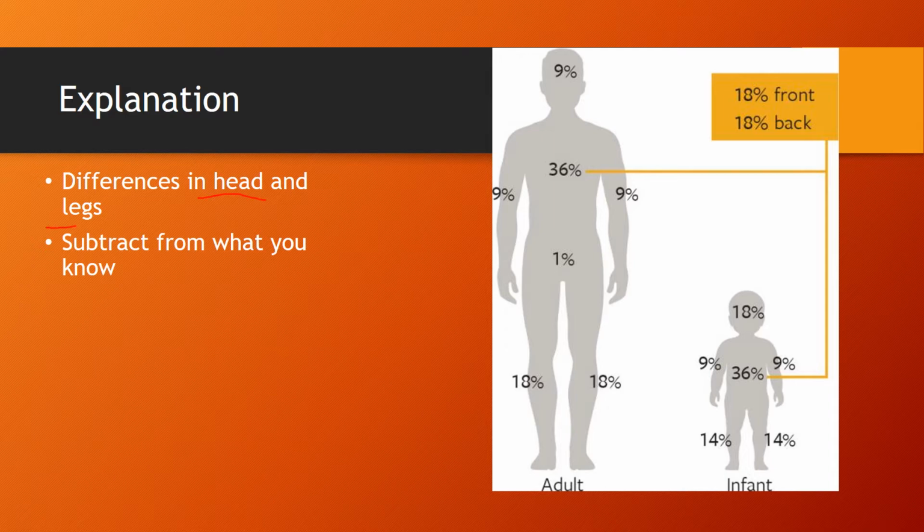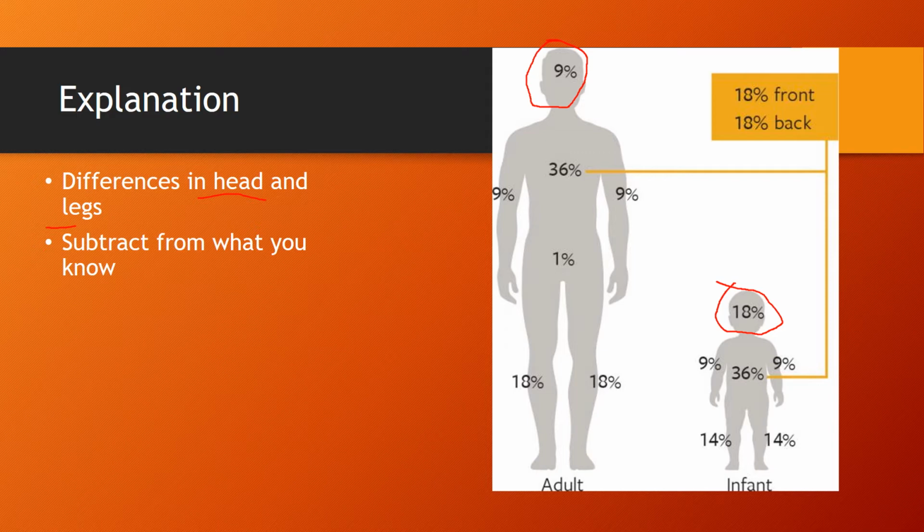On a normal adult, you have the head comprising 9%, which makes sense because in proportion to the rest of the body, the head is smaller. It doesn't have the same percentage of surface area. But if you look at an infant, the infant has 18% of the surface area of the skin on their head because their head comprises a much larger percentage of the entire body.